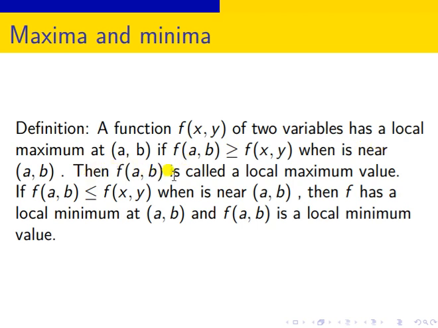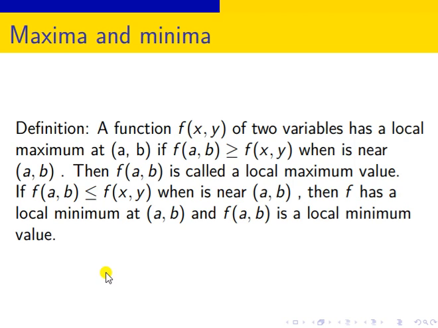Then f of a b is called a local maximum value. Similarly, if f of a b is less than or equal to f of x y when near a b, then f has a local minimum at a b, and f of a b is a local minimum value.